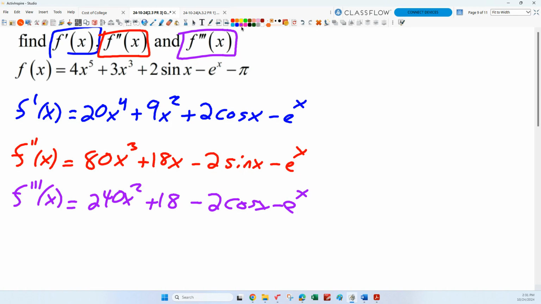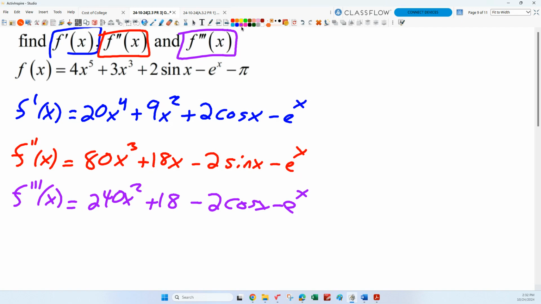Because notice what happened to the polynomial part of this function. What happens to the degree of the polynomial when we differentiate it? It drops down by 1. And eventually, when you get down to a 0th degree polynomial, a constant, you can't go any further. It just disappears.